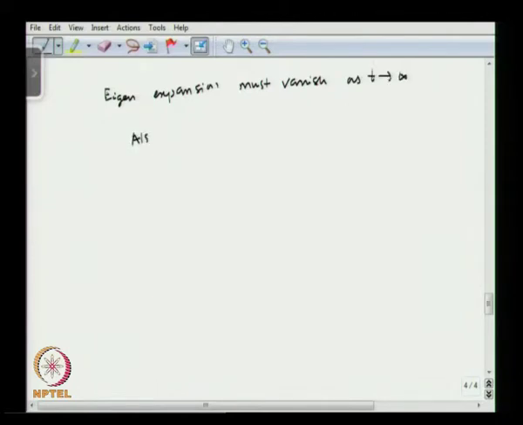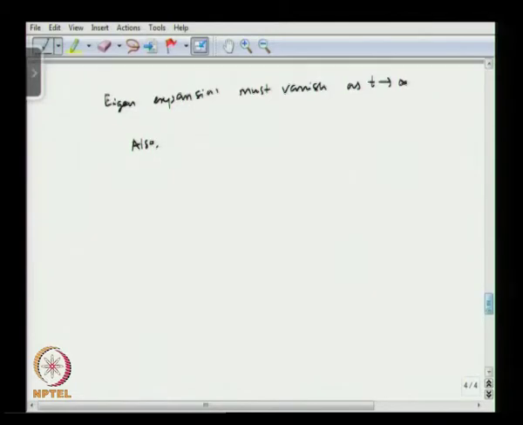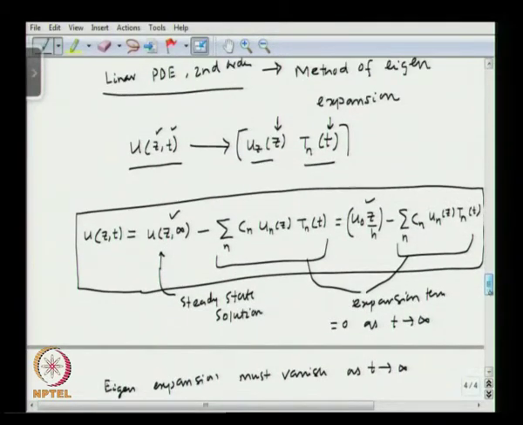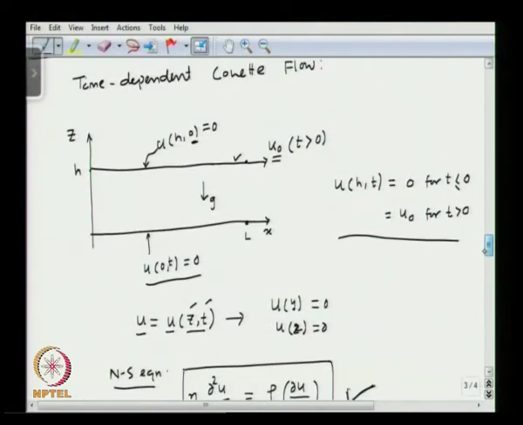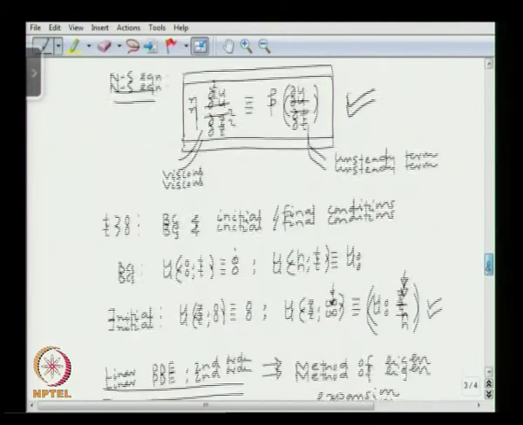Also, when we are talking about z equal to 0, this function should be 0, and when we are talking about z equal to h, this function at time t equal to 0 is going to be 0, and at time t greater than 0 is going to be u 0.